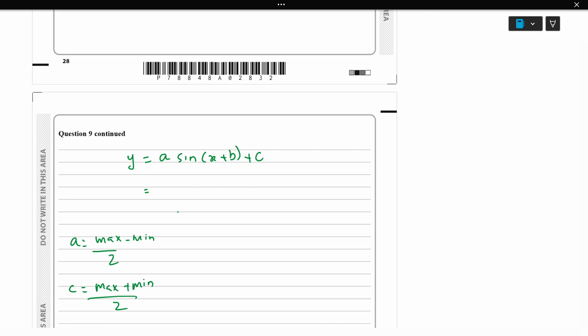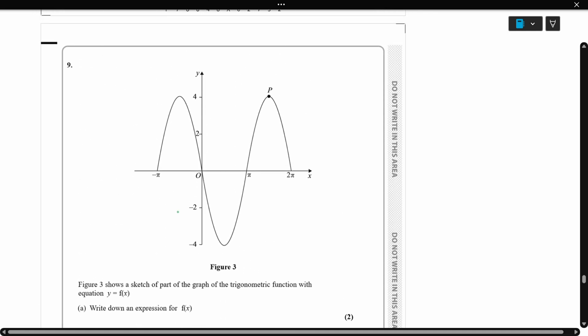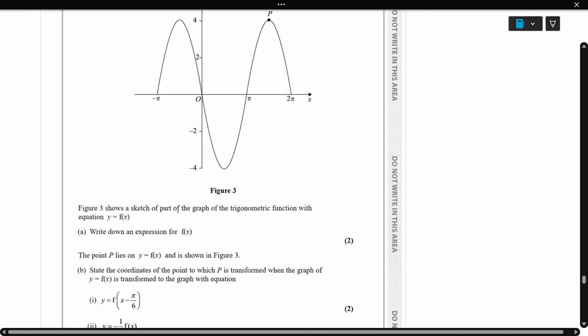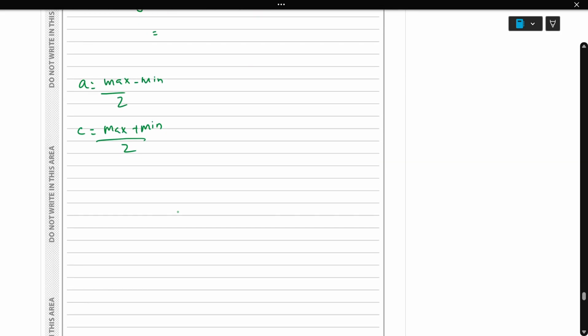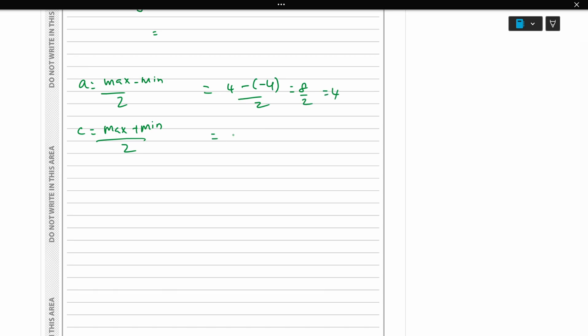So maximum minus minimum. Maximum is 4, minimum is minus 4. So first one is 4 minus of minus 4 by 2, which is 8 by 2, so equal to 4. This one, 4 plus minus 4 by 2 equal to 0. So there is no c value, only a value.